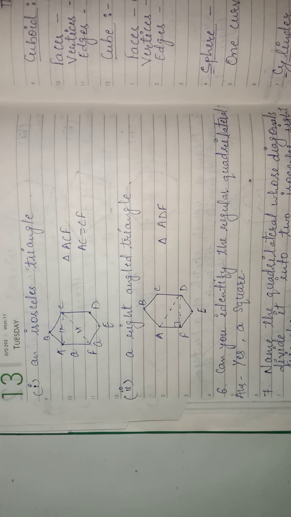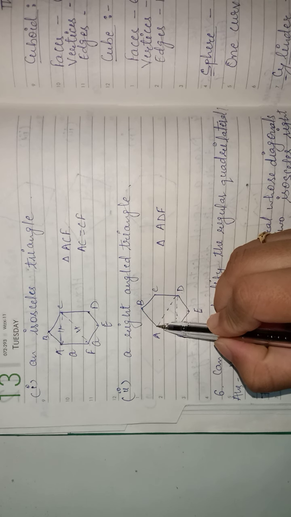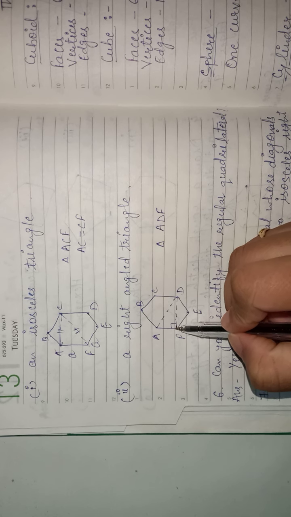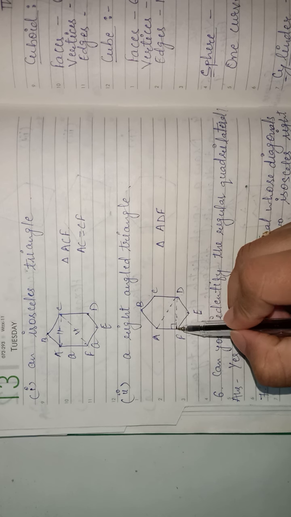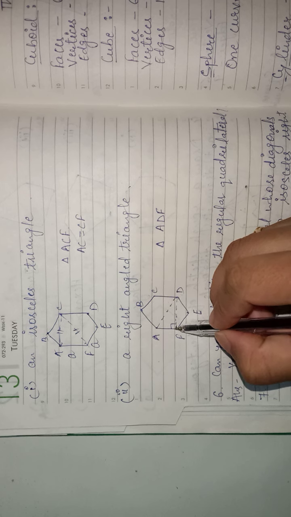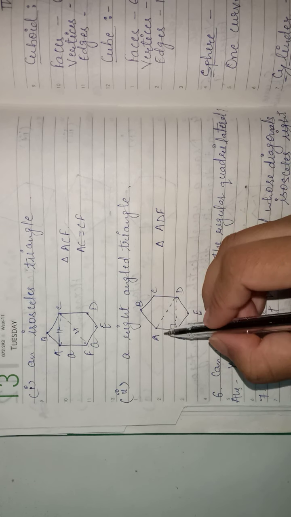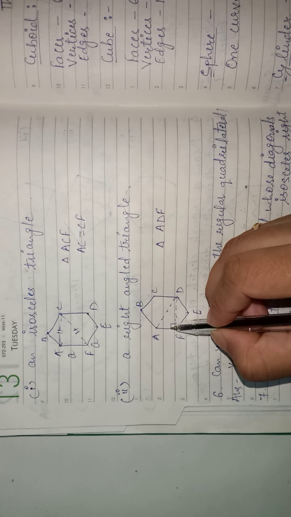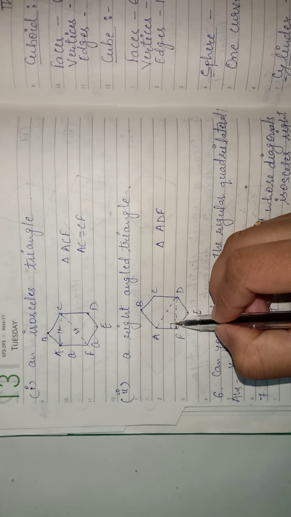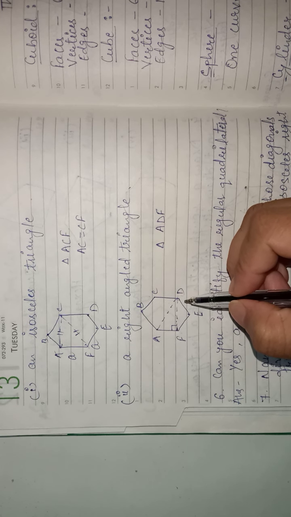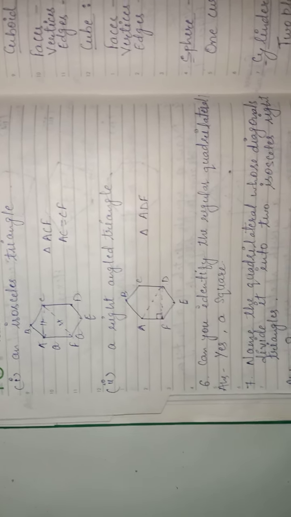So in this also we will connect vertex A with D and vertex D with F. We know that AD is a straight line, and when we connect FD, we get another straight line, and AFD makes a right angle. So we can say that triangle AFD is a right angled triangle.